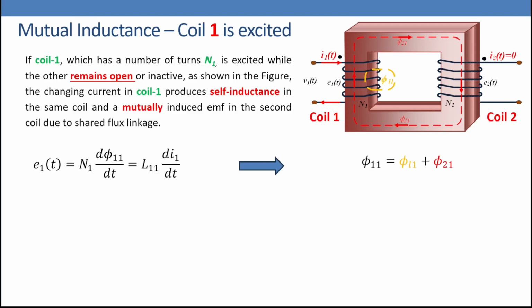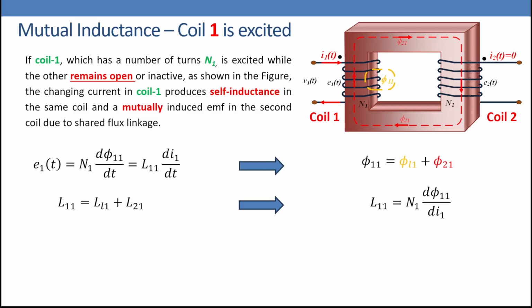The flux for coil number 1, we call it φ11, which is φ leakage 1 plus φ21. Why do we call it φ21? Because that is the flux that links with the N2 turns due to the current i1. So e1(t) equals L11 di1/dt. That is the self-inductance for this coil. So L11 equals L leakage 1 plus L21. L leakage 1 is straightforward; that one is the leakage for this coil.